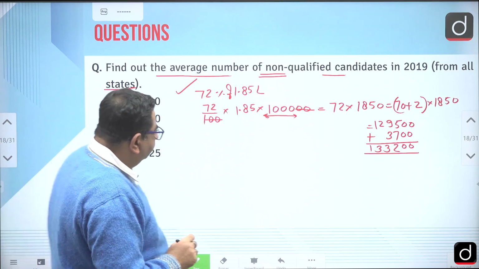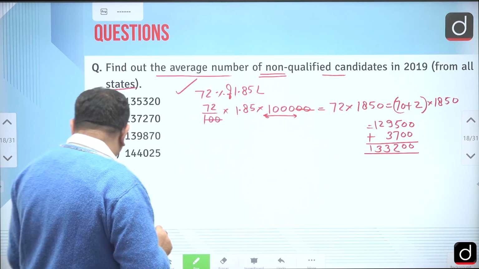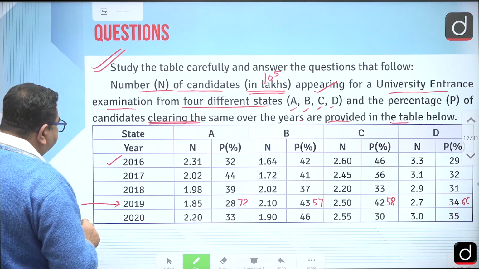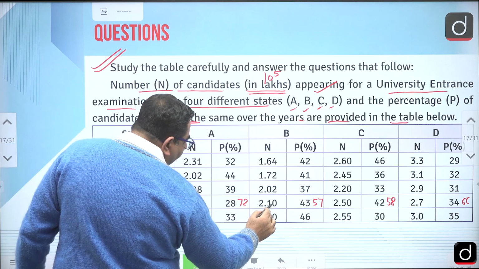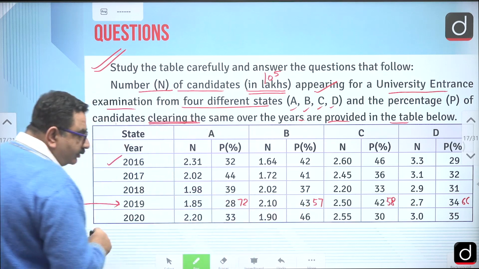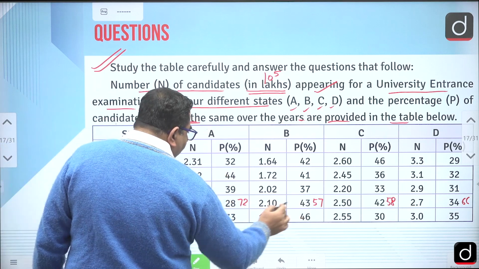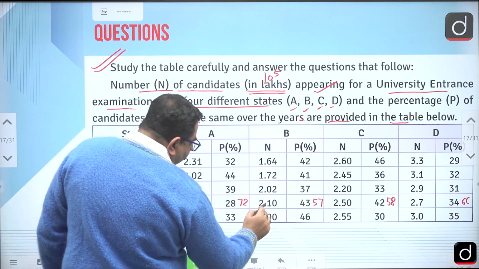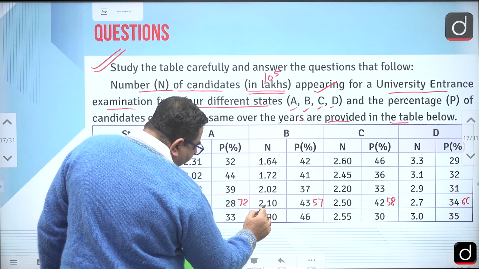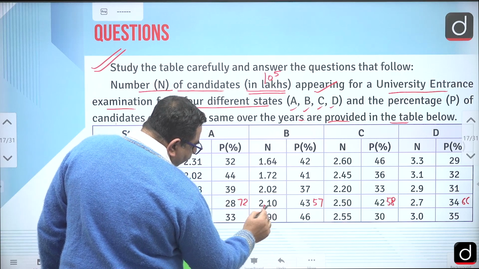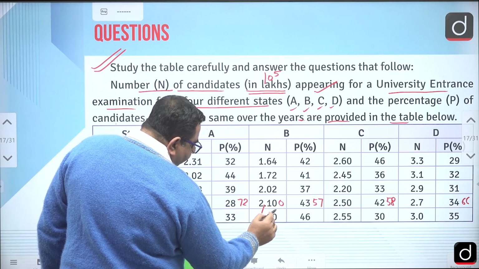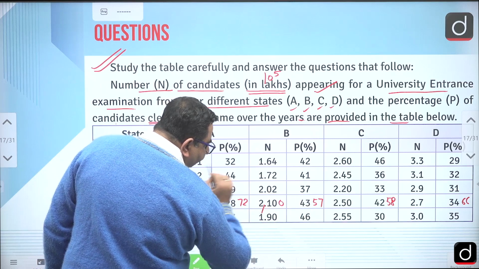Now this is one value. The second is 2.10, 57%, so 57% of 2.10. I can write it as numbers into 10 cubed, then 2100 into 57.